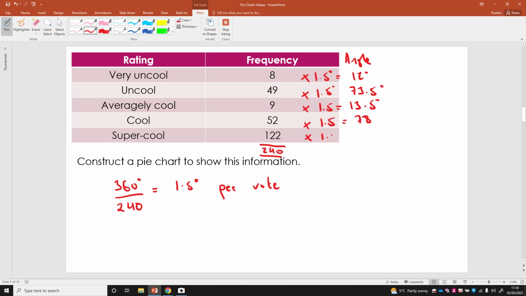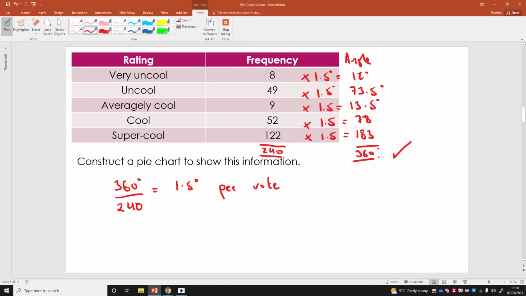And 122 times 1.5, 193, but let me double check in case I get it wrong. 183 even. Oh, dear me, 183, sorry. Right, should we find the sum of these to make sure we're okay? 73.5, 78, 13.5, and 183. Yep, these sum to 360 degrees, so we're good to go.